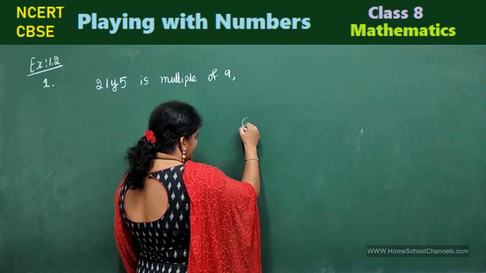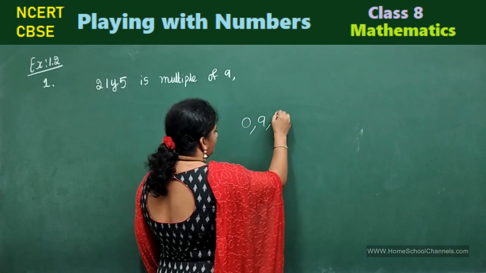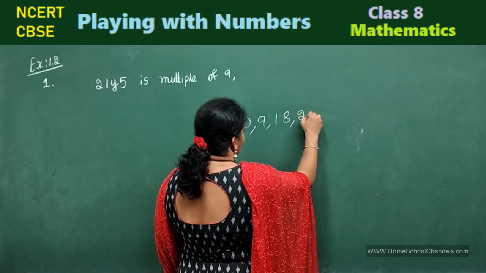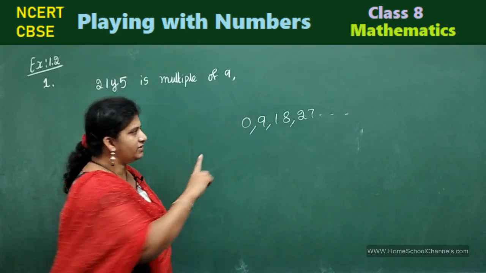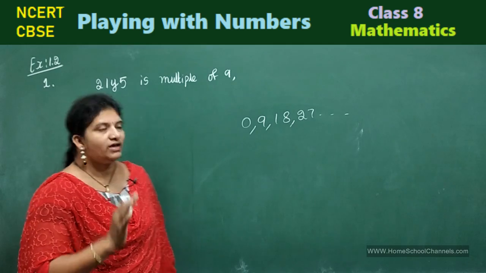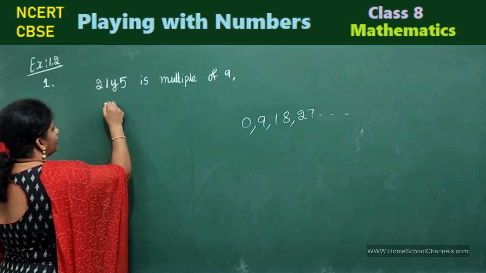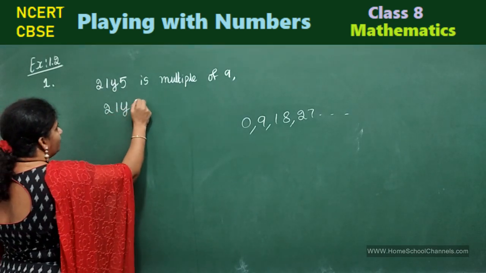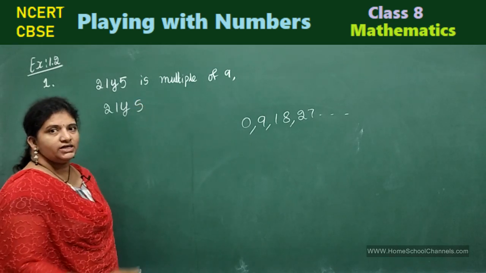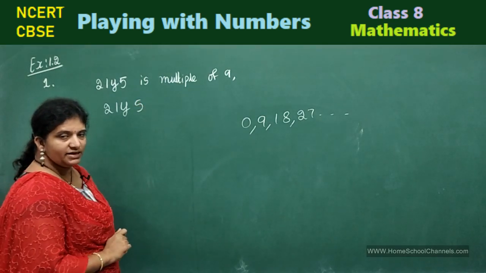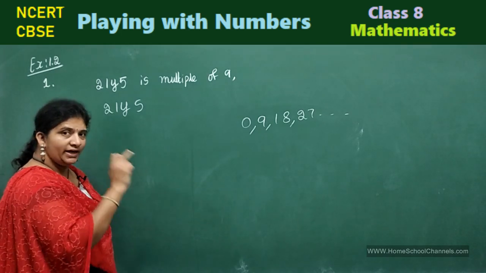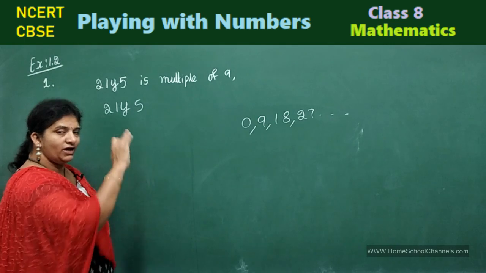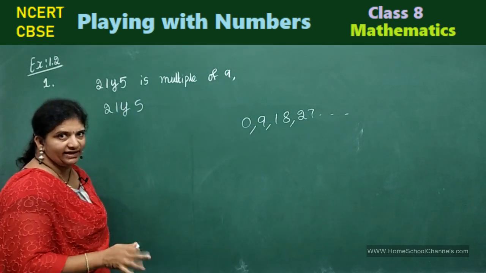It might be 0, 9, 18, 27, and so on. But since it is a single digit we are finding, I think this much is enough. Now, take the 4-digit number 21y5. The sum of the digits might be any of these numbers, and then only it is divisible by 9, or a multiple of 9.